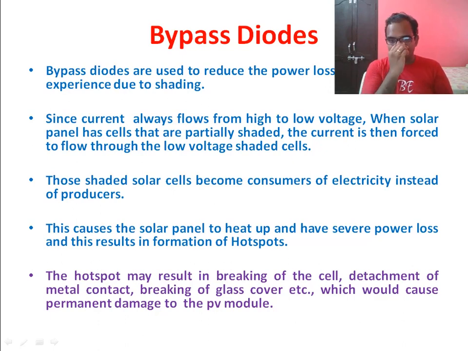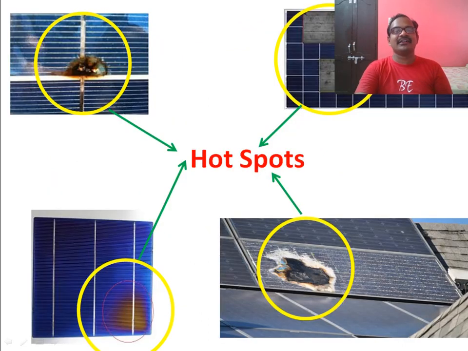What are hot spots? Hot spots may result in breaking of the cells, detachment of the metal contacts, and breaking of the glass cover, which would cause permanent damage to the PV module. You can see this in the slide.